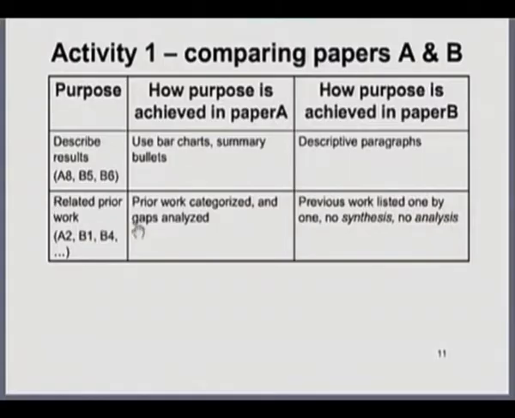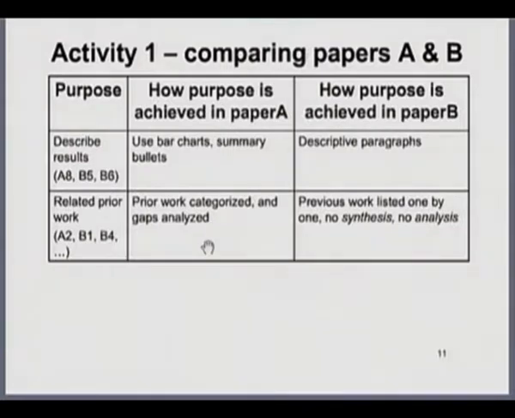Let's talk a little bit about related prior work. Both papers talk about related prior work. What happens in paper A is the prior work is categorized, and what I mean by categorized is all previous work related to design of learning objects appears in the same place.